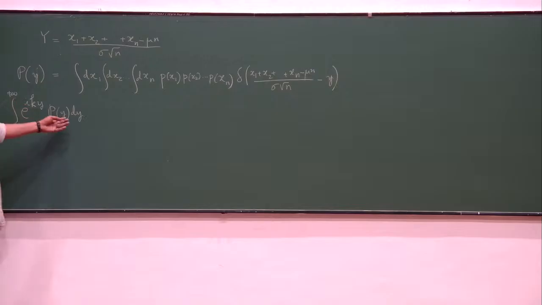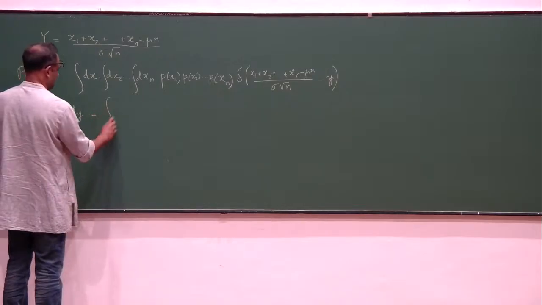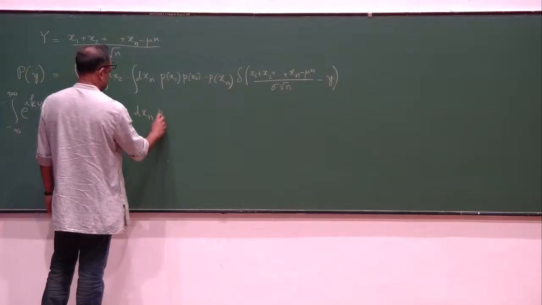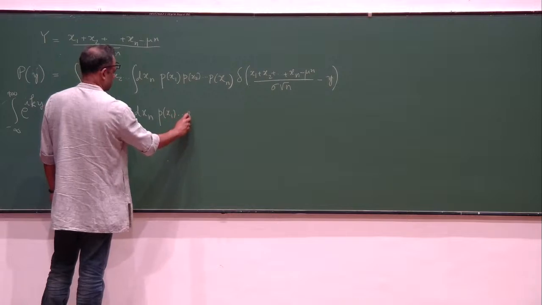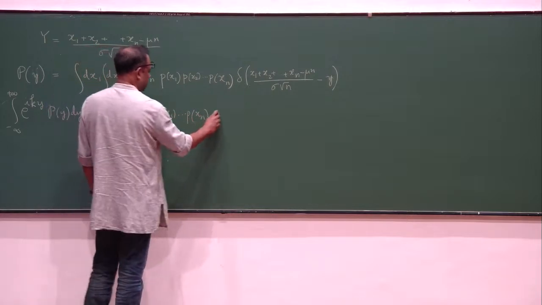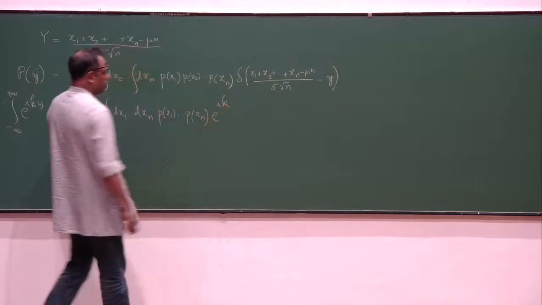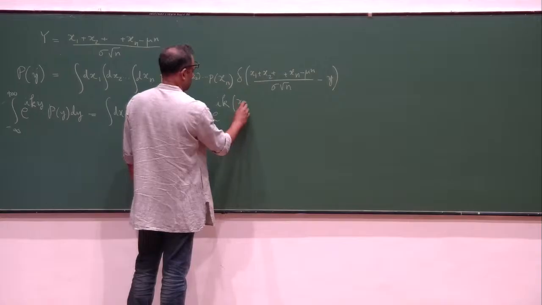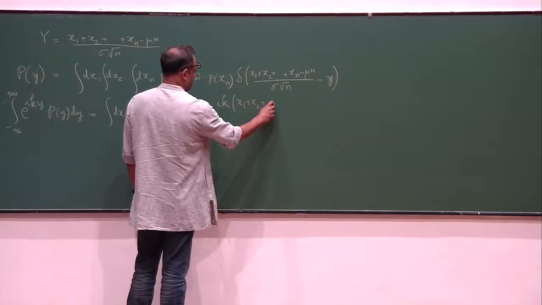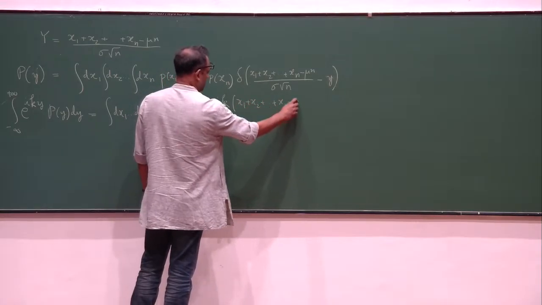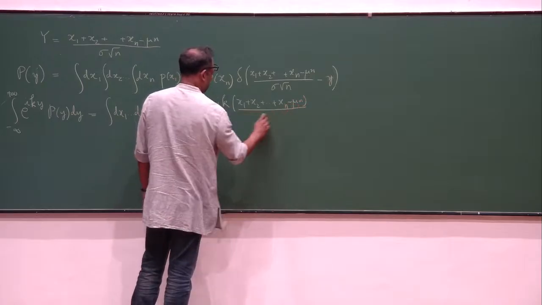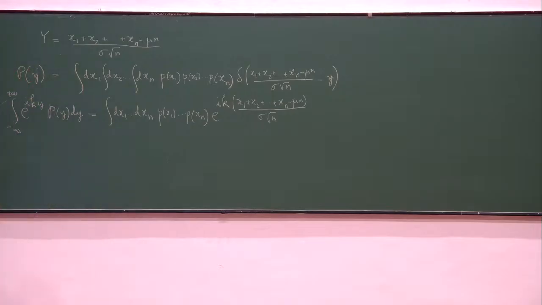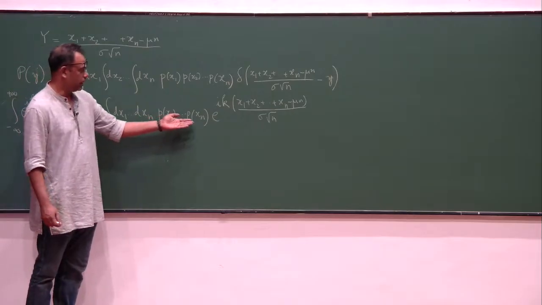When I do this, so this becomes dx1 dxn e to the power I k, and wherever y came, I just replace by this quantity, which is x1 okay. So, now once I do this, I am left with n independent integrals.